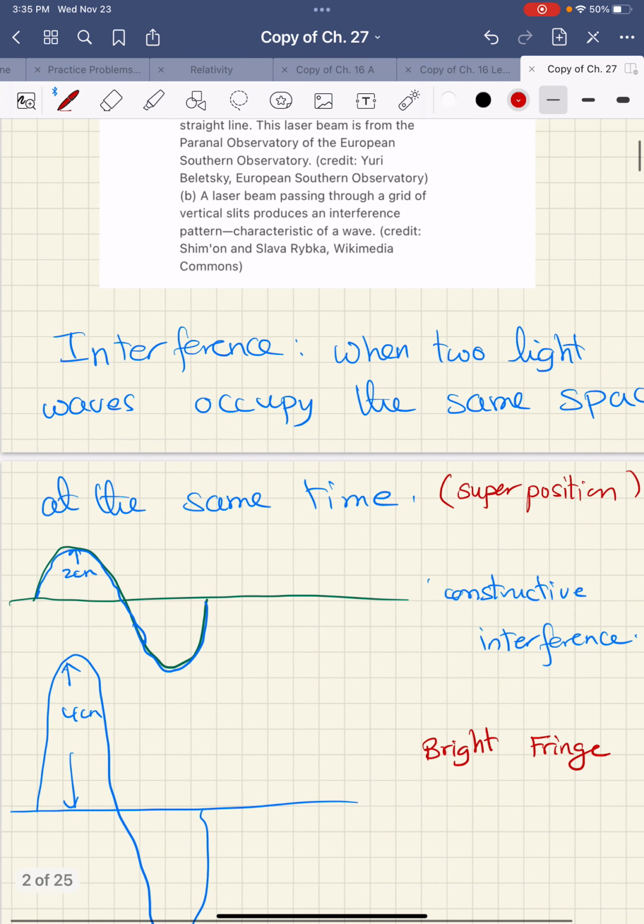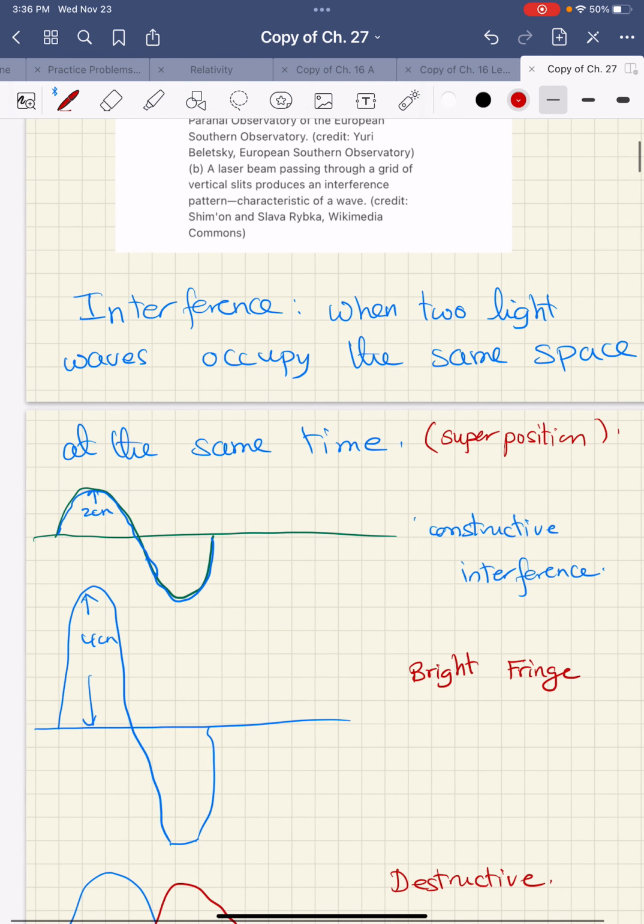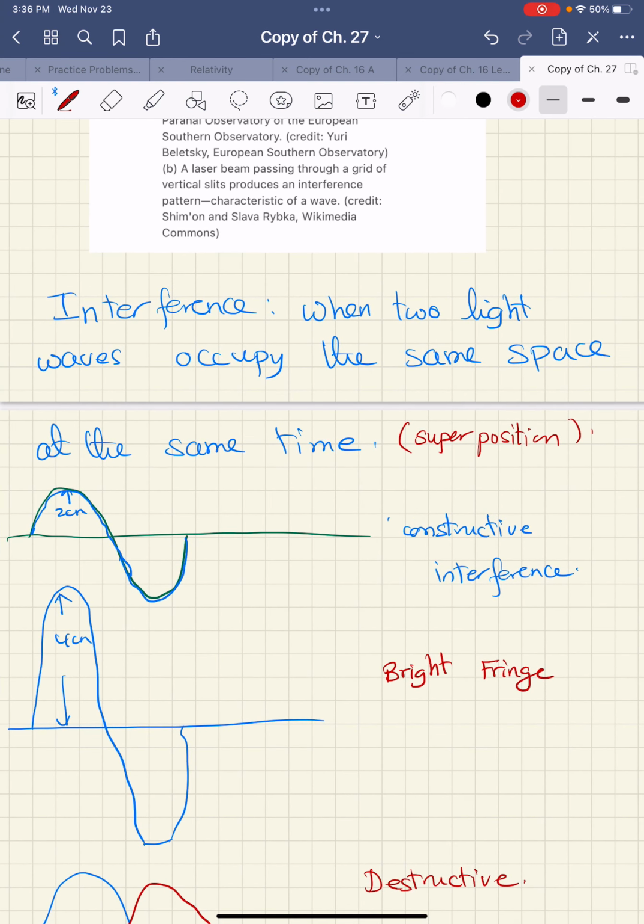If I have two waves, one of them is 2 centimeters at its peak and the other one is 2 centimeters at its peak, they form what is called constructive interference, which means reinforcement. What you are going to see is a double amplitude. We call this a bright fringe. If I'm talking about light waves, this is going to be a very bright area.